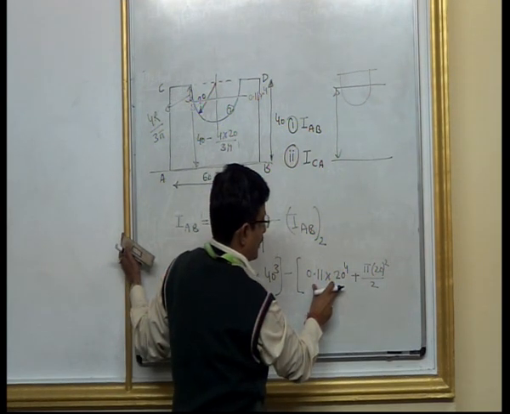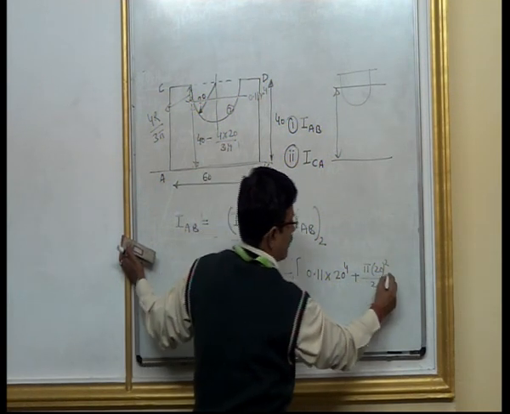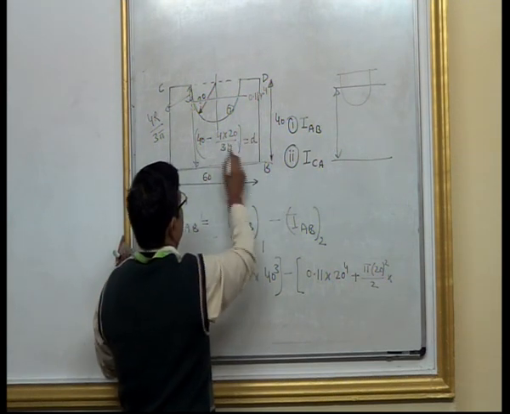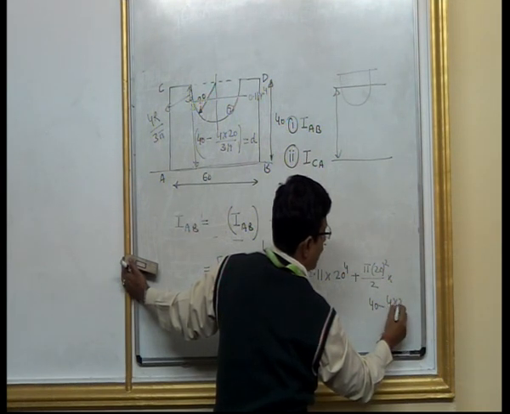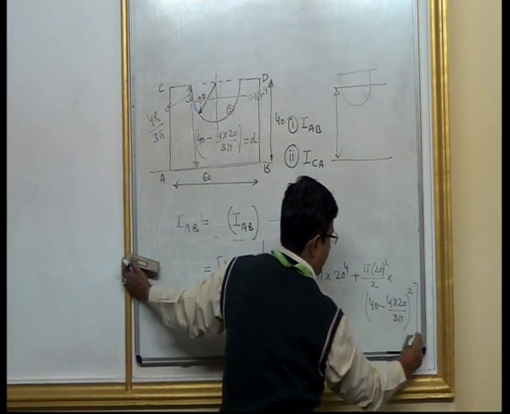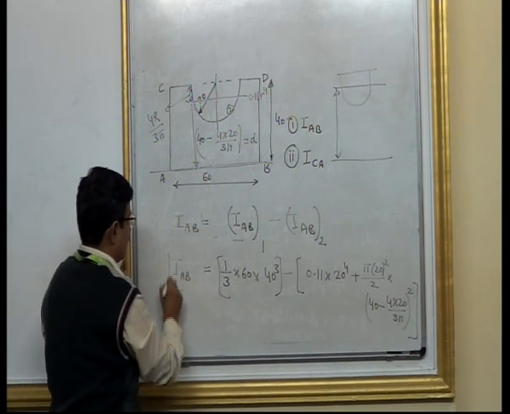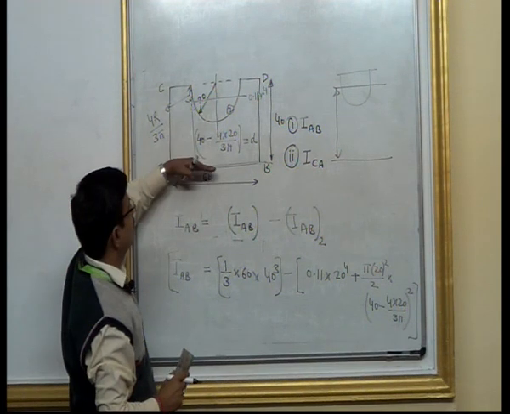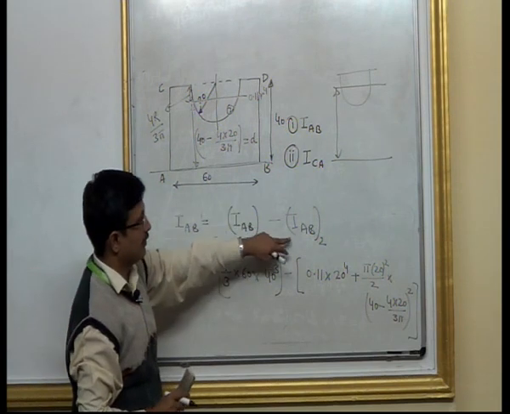You can keep it, calculate it, 40 minus 4 r by 3 pi whole square. We'll calculate the complete value and this will give us the moment of inertia about AB, that is the moment of inertia for the rectangle minus that for the semicircle.